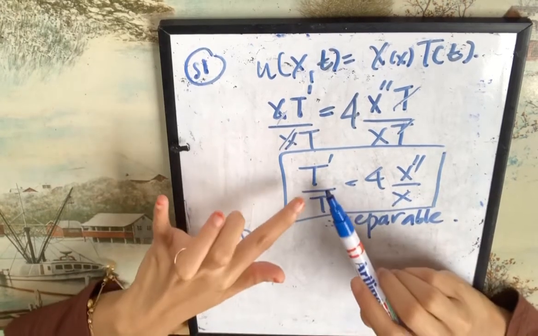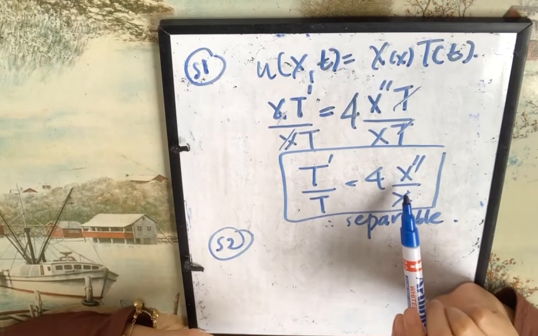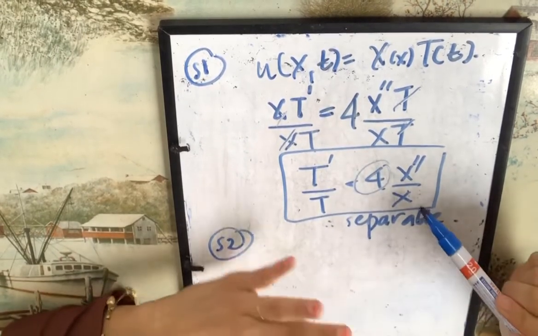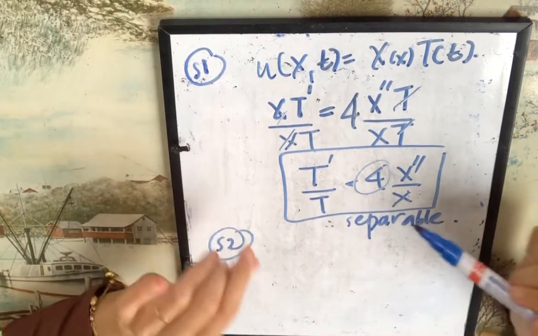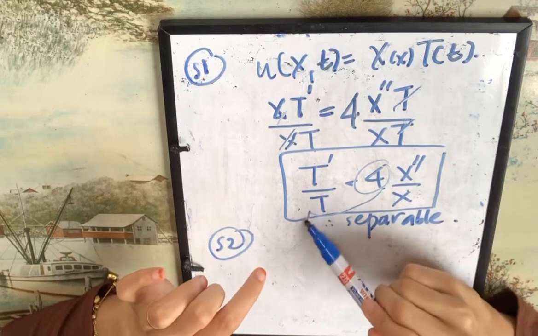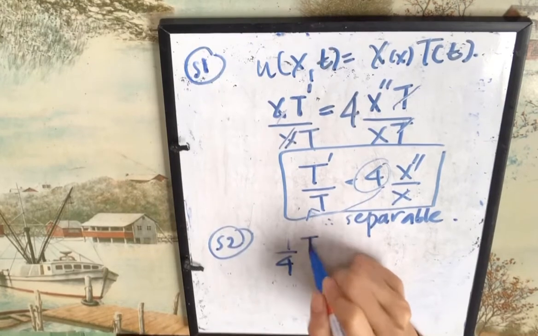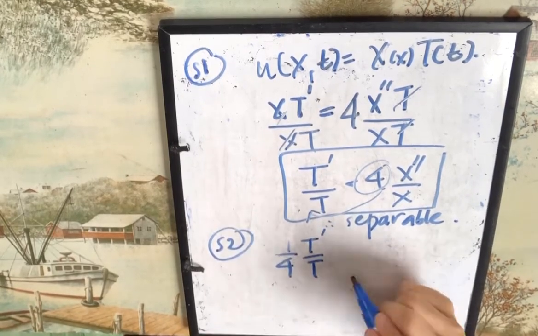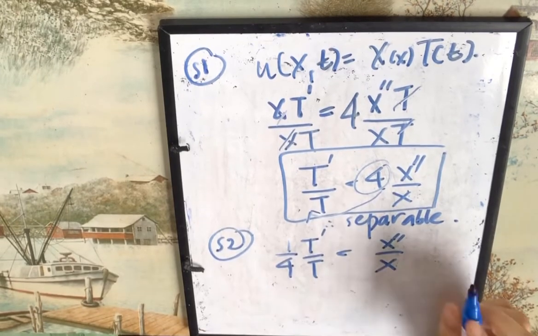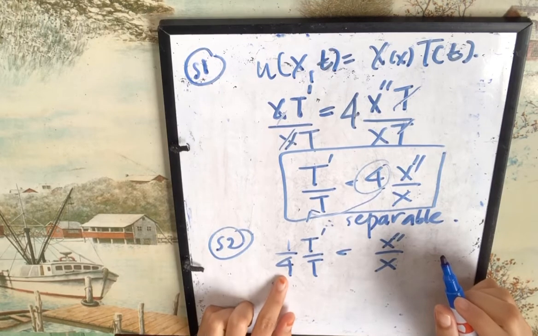T prime means first order, X double prime means second order, and second order is more complicated than first order. So we bring this 4 to the first order side, and you will have 1 over 4 T prime over T equal X double prime over X.